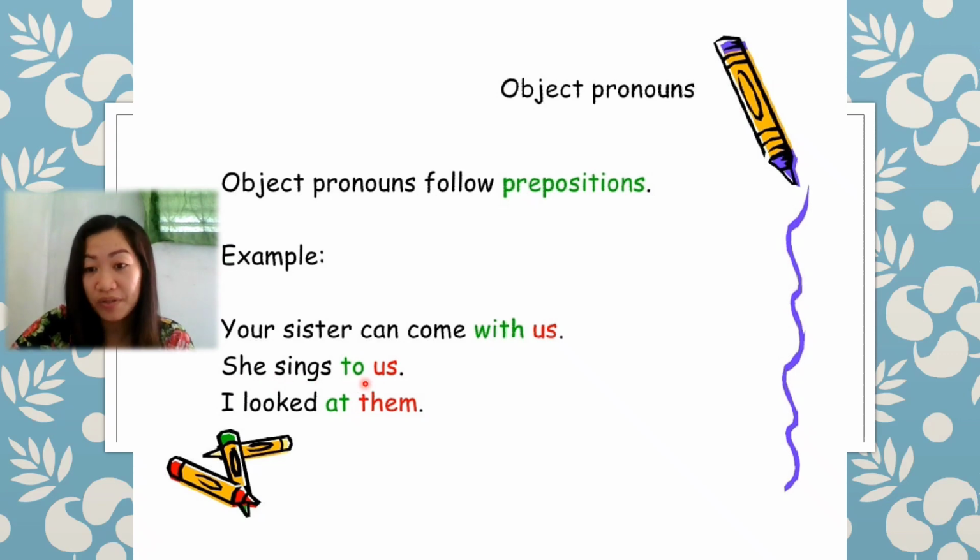To is the preposition of the sentence, followed by the object, which is us. She is our subject. I look at them. I is the subject of our sentence, followed by the preposition at, and we will be using the object pronoun them.